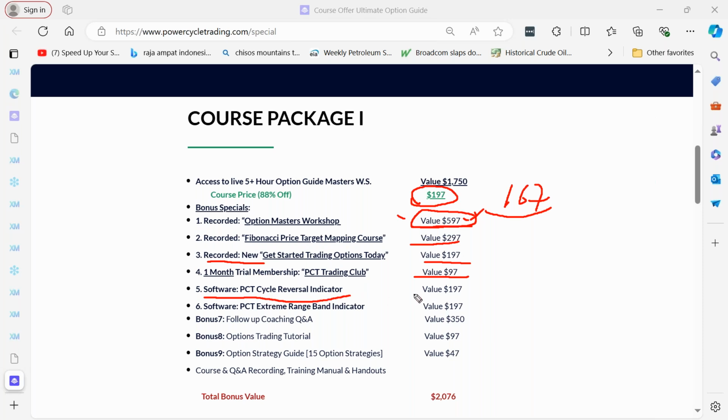You're going to get my cycle reversal indicator, $197 on the website, and my extreme range band indicator. And we're going to do a follow-up Q&A, probably Tuesday after that Monday finishing of the course. You're going to get my option trading tutorial, another option course with videos, and then my 15 option strategy guide. Some really great bonuses. The total of that is over $2,000.